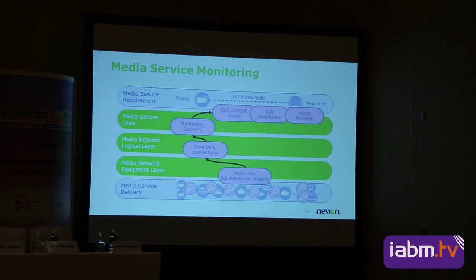So with this information, you can start collecting information for QoS, quality of service, quality of experience, so that you can comply and meet service level agreements. And with this kind of information, you can also look and say, hey, I'm approaching 75% of my bandwidth capacity. Maybe it's time to upgrade and start adding equipment to be able to grow the network.